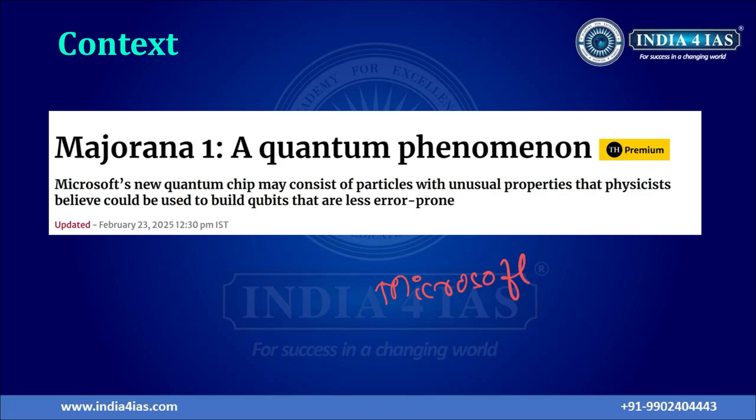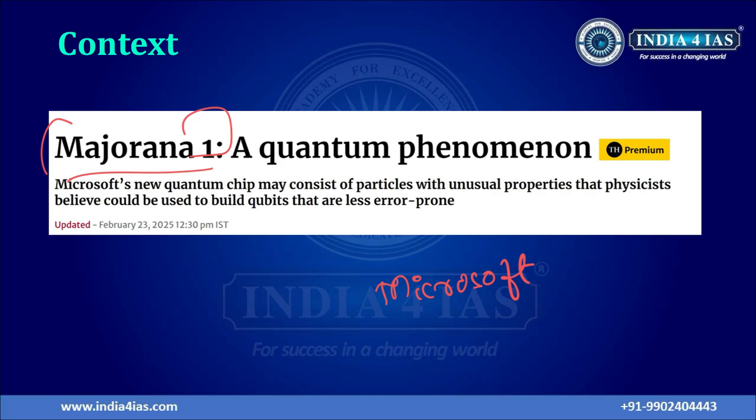Microsoft introduced the Majorana 1, and this Majorana 1 is the world's first quantum chip based on a topological core architecture. So it is a quantum computing chip. We know that the chips are being used in electronic devices, computers.